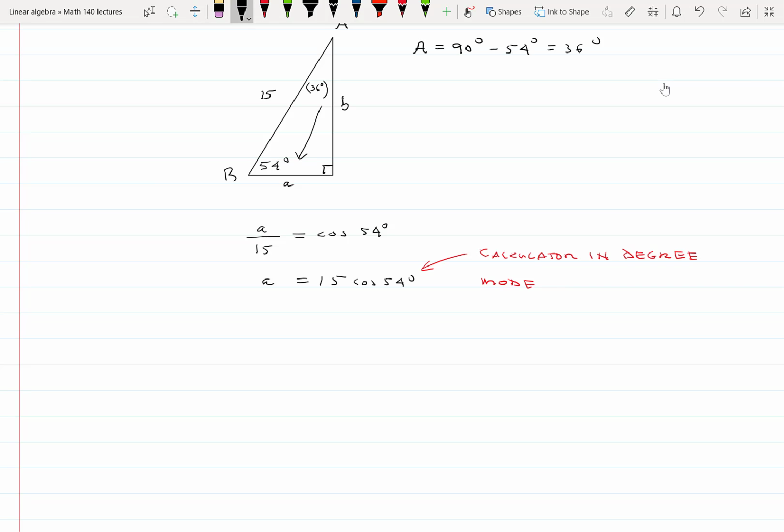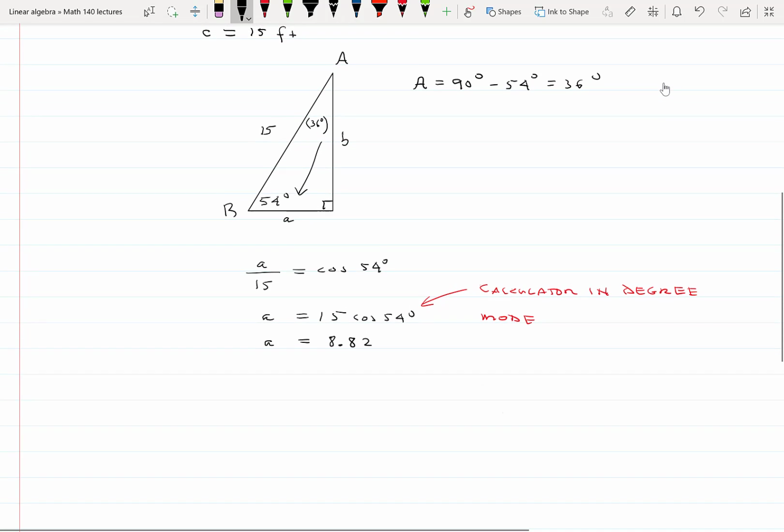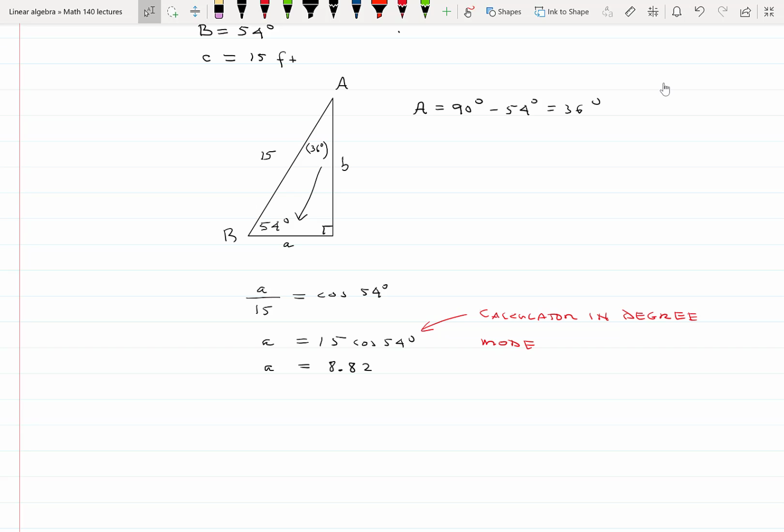If you compute this, 15 times cosine of 54, you get about 8.82. Now, if there are any chemistry students among the video lecture viewers, you'll notice that I made a huge blunder.